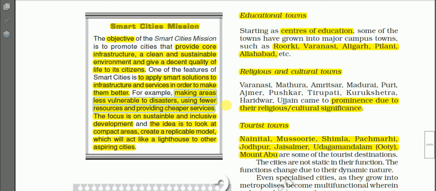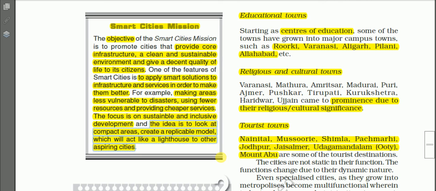the people. Then the focus is on sustainable and inclusive development, and the idea is to look at compact areas and create a replicable model which will act as a lighthouse to other aspiring cities.